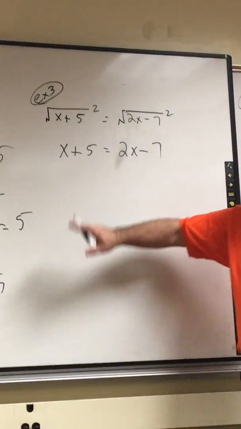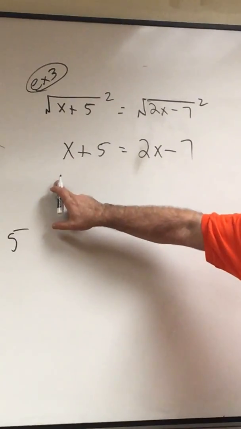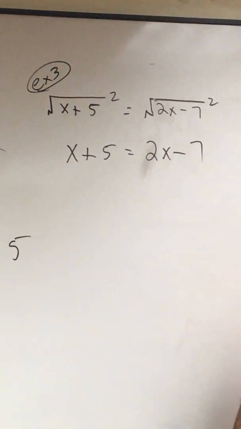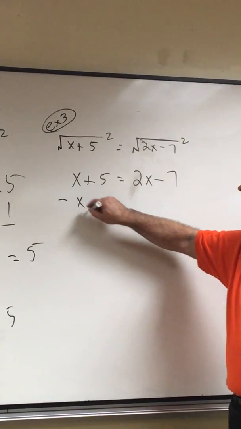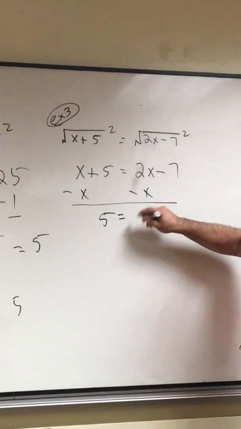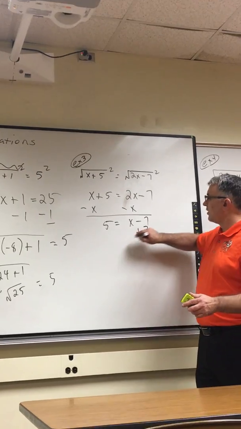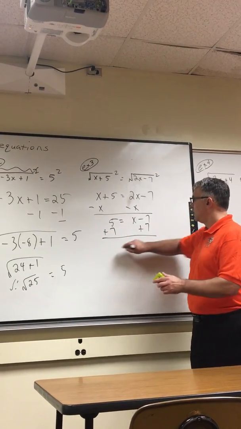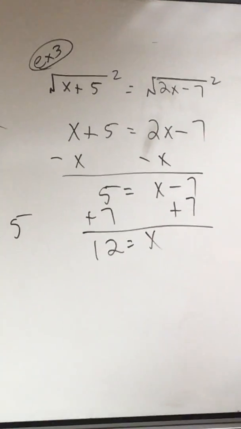All right? So, got the x's on both sides. I'm kind of a don't worry about left or right, get rid of the smaller one. So minus x, 5 equals x minus 7. Add 7 to both sides. 12 is equal to x.